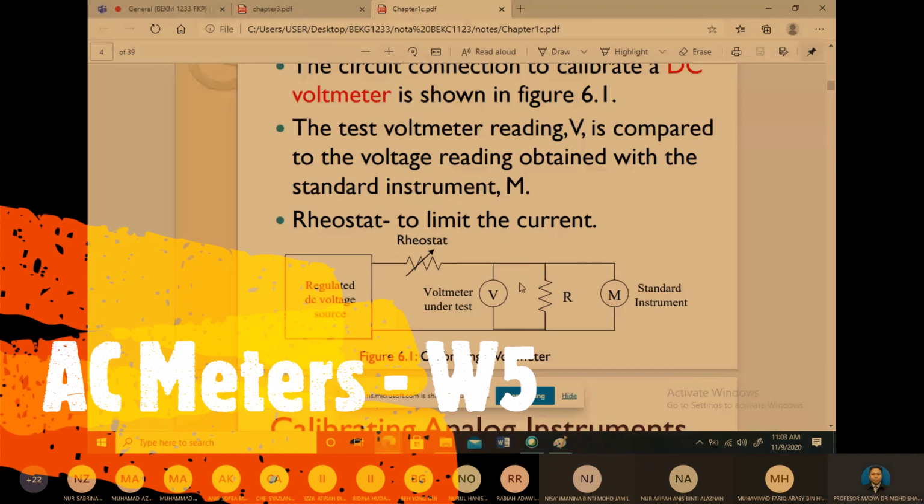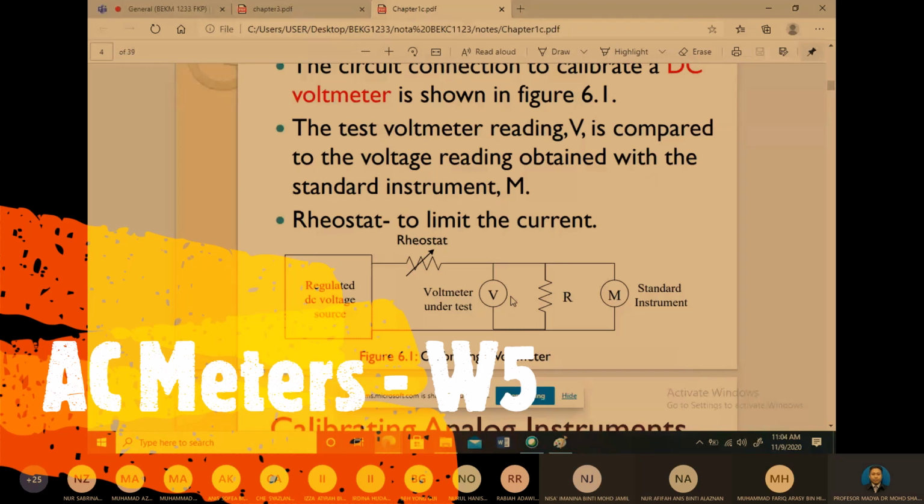So you have to double check whether it is correct or not, whether it follows the standard instrument or not. This is how to calibrate the DC voltmeter.